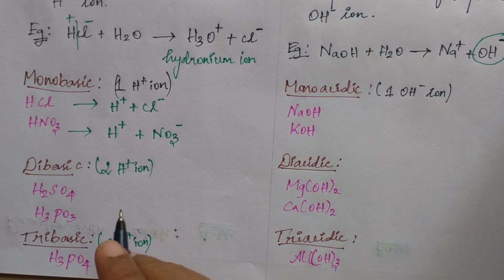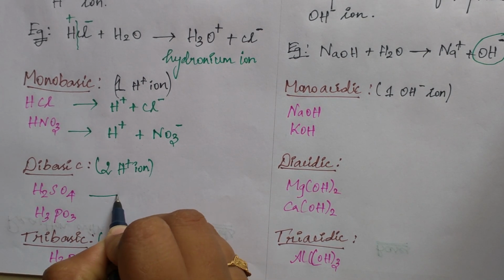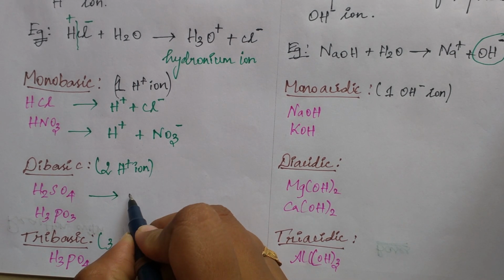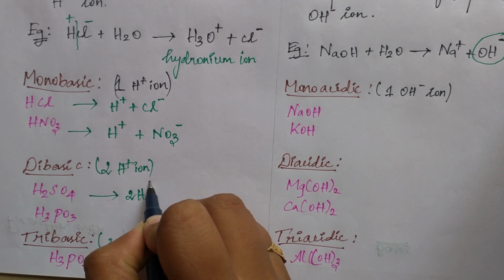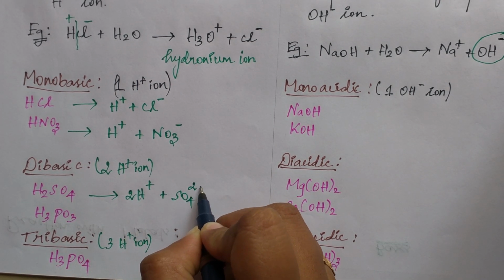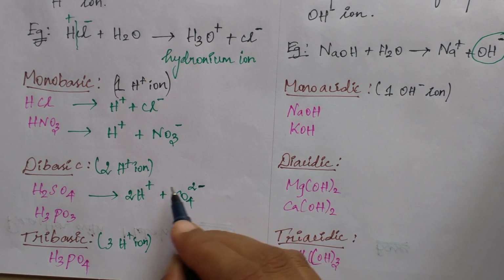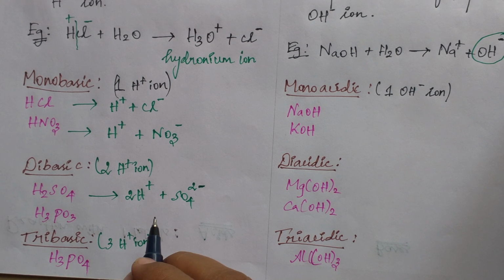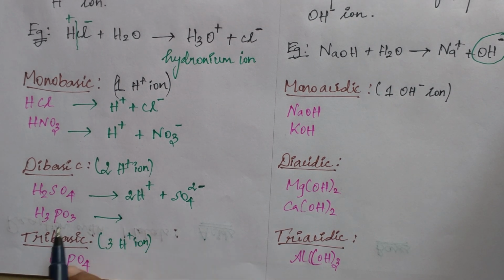Next, dibasic. So when sulfuric acid is dissolved in water, it gives 2 H plus ions and 1 sulfate ion. So charges are equal, students: 2 positive charge, 2 negative charge. Next, this one is phosphorus acid, H3PO3.